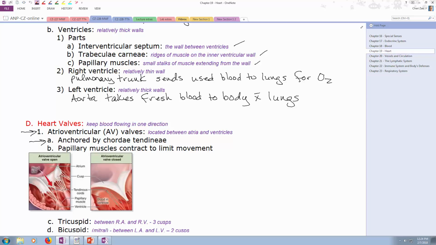If the left side is pumping more blood than the right side, what happens to the filling of the left side ultimately? Because where is its blood coming from? Isn't it coming from the lungs? And the right side is sending blood to the lungs? So you have to realize the right and the left side are actually pumping an equal volume, because if you weren't pumping an equal volume, you're eventually going to be shorted before you can actually start to pump, correct?